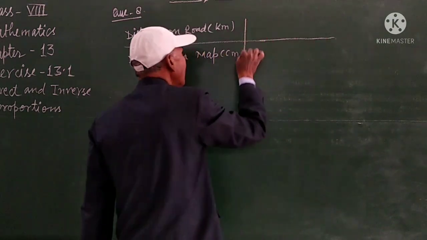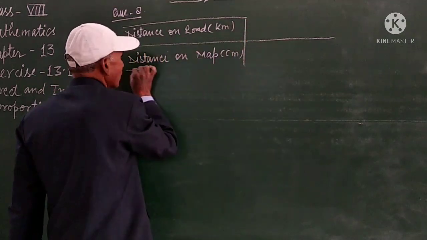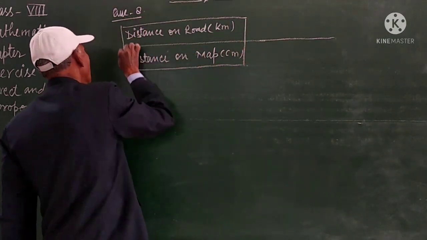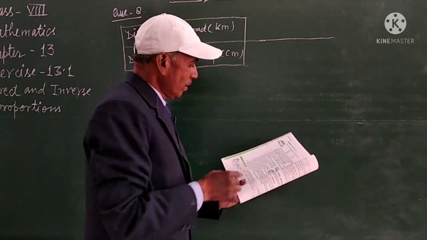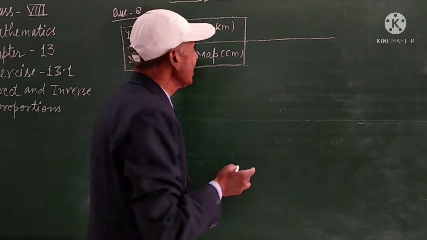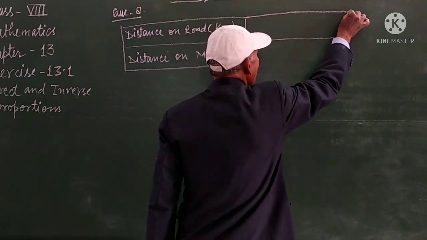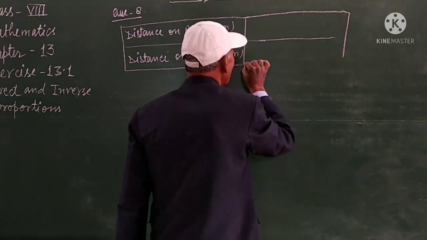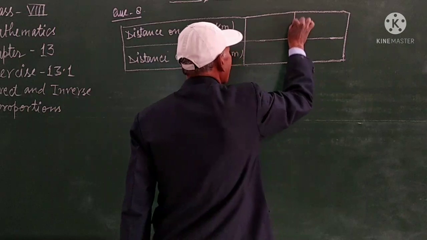So in the first part of this, for 1 centimeter it is representing 18 kilometer. 18 kilometer, it is actual distance, student, and on map it is 1 centimeter.